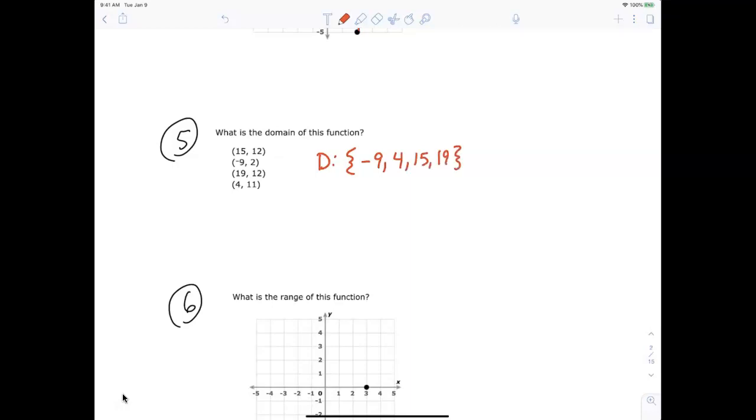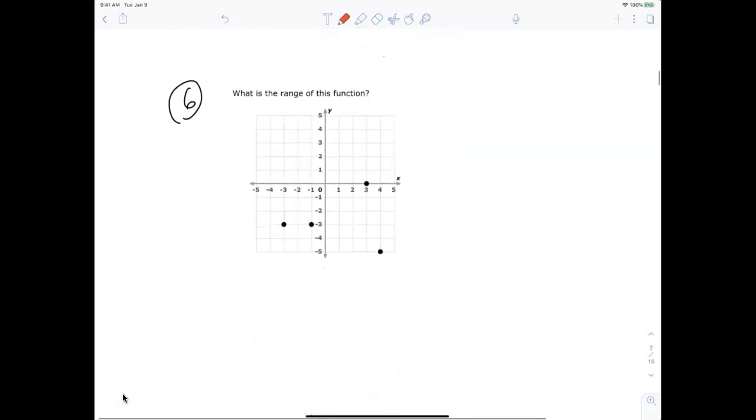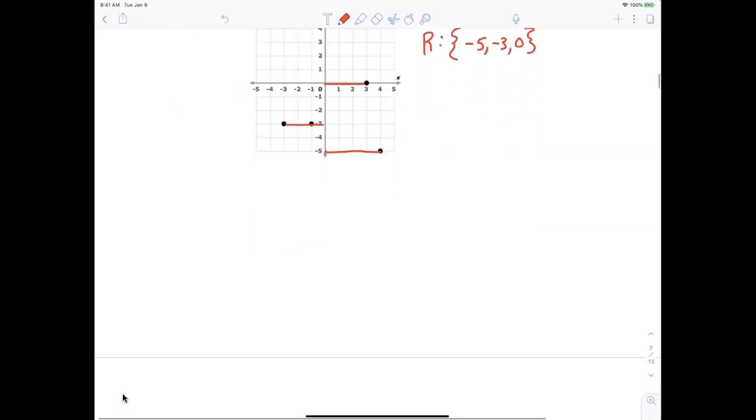I told you, very easy. Range, again, we're looking for the y values. Now if you notice, these 2 points share the same y value, so you only have to list them once. So the range: -5, -3, 0.